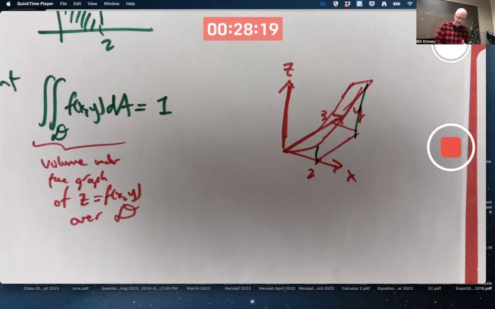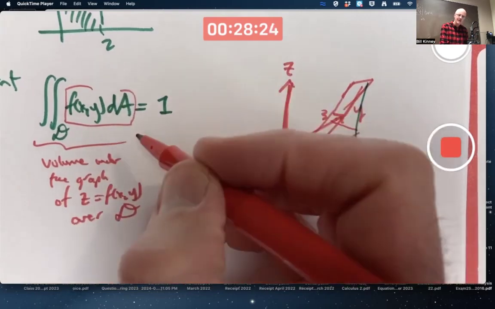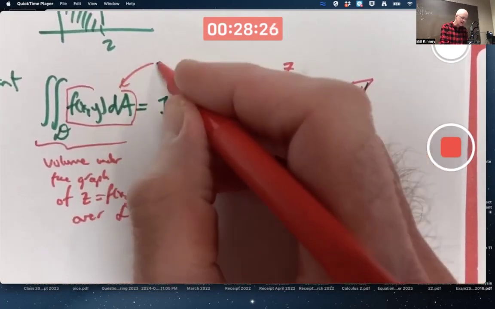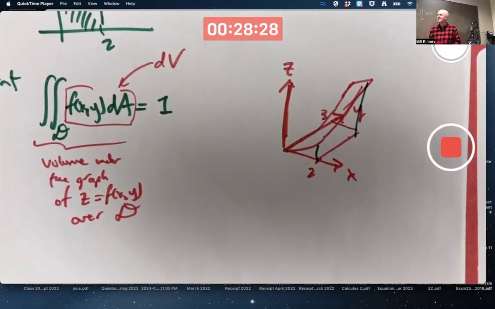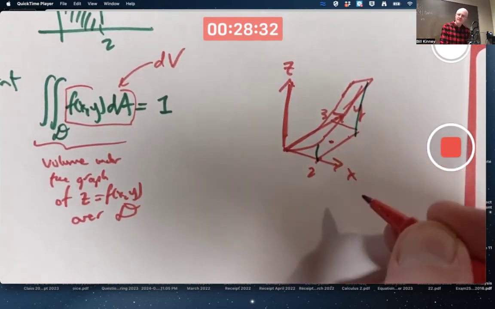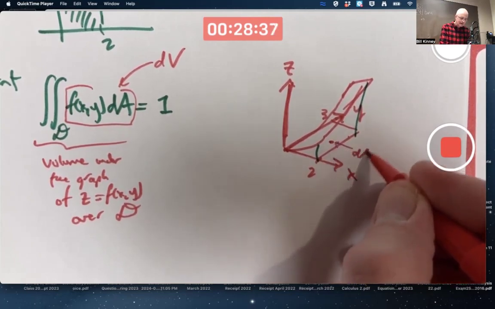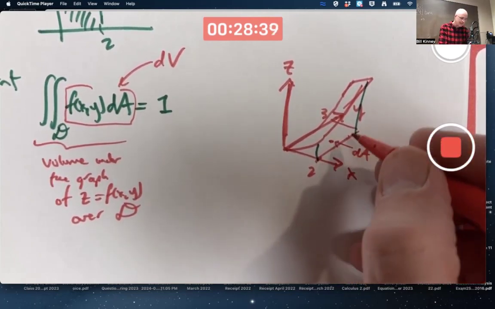Intuitively, you could think of this expression here, f of x, y dA, as a volume element, dV. You could think of dA as a tiny little piece of area right there, infinitesimally small, maybe.